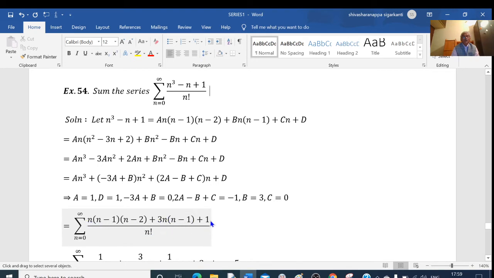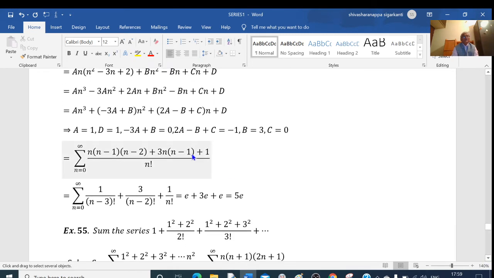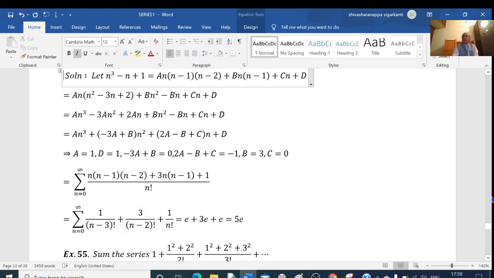Writing n factorial in the first term as n into (n minus 1) into (n minus 2) into (n minus 3) factorial, the n minus 1 and n minus 2 get cancelled. I am getting 1 by (n minus 3) factorial. For the second term I write n factorial as n into (n minus 1) into (n minus 2) factorial, so n minus 1 gets cancelled. What I am getting is 3 divided by (n minus 2) factorial, plus this I will keep as it is, 1 by n factorial.